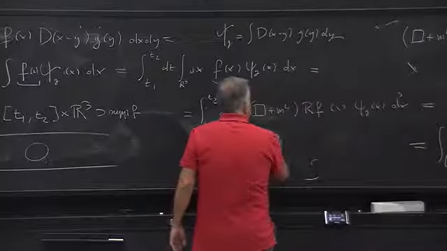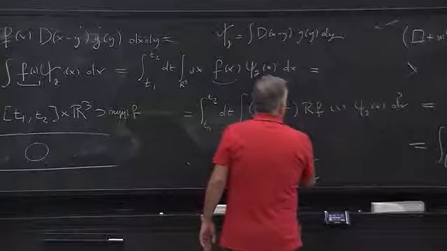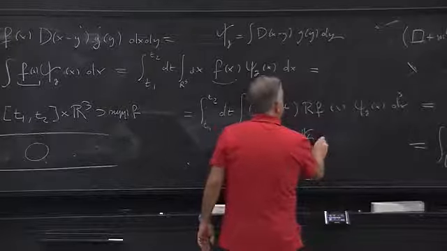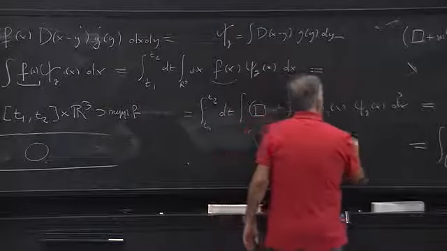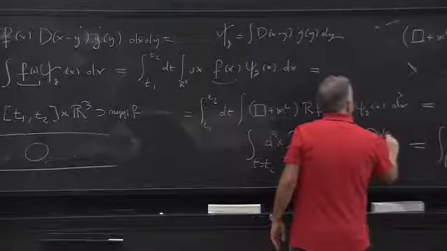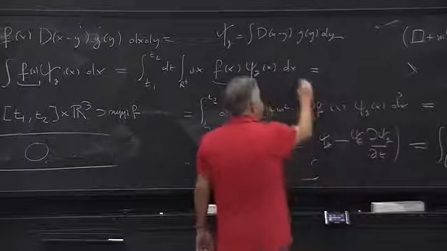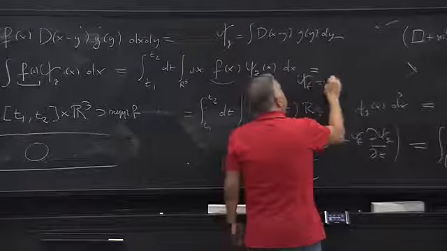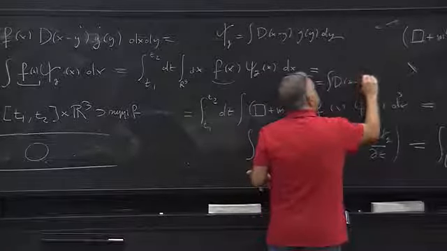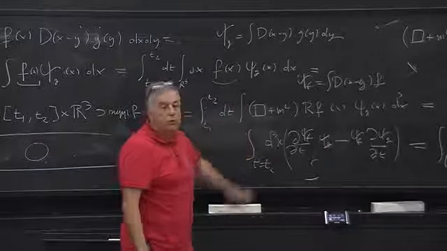So I get d3x, d over dt of psi f, psi g, minus psi f d psi g over dt, where psi f is E f. Okay, you see appearing the Klein-Gordon product.